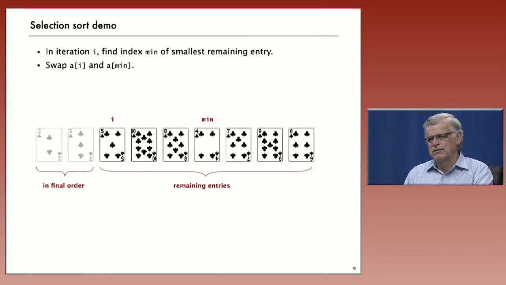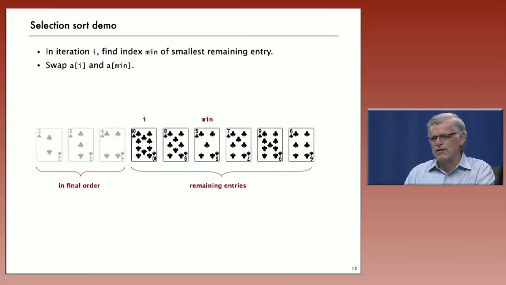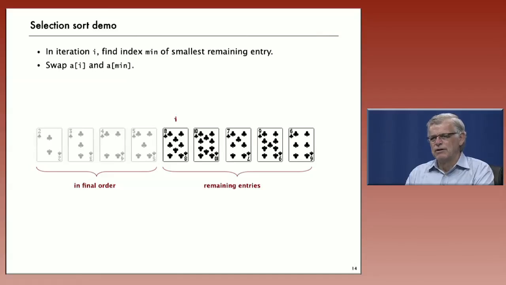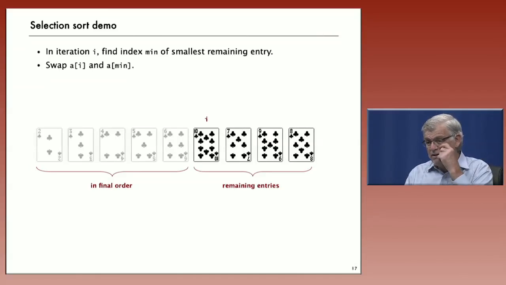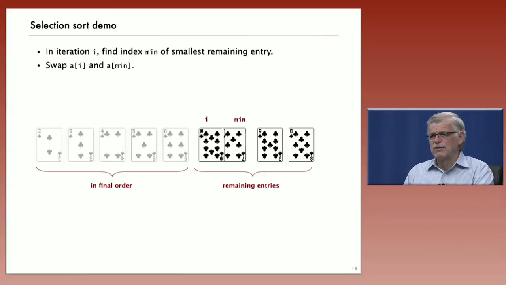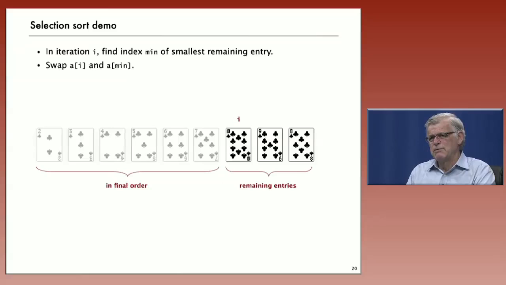Find the smallest, it's the 4, swap that one with i, increment i. Find the smallest, it's 5, swap that with i, increment i. Find the smallest, swap that with i, increment i. Each time we have to scan through all the remaining entries in order to find the smallest, but then once we found it, we only have to swap 2 cards. Those are both key properties of selection sort.